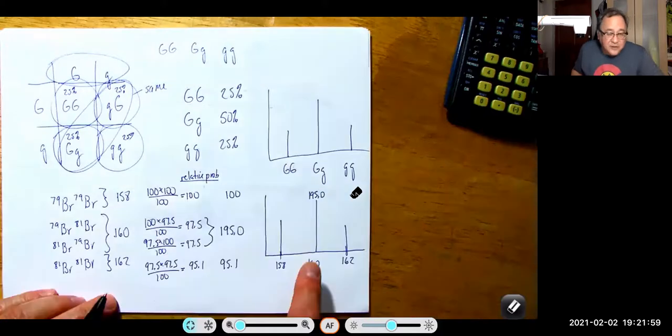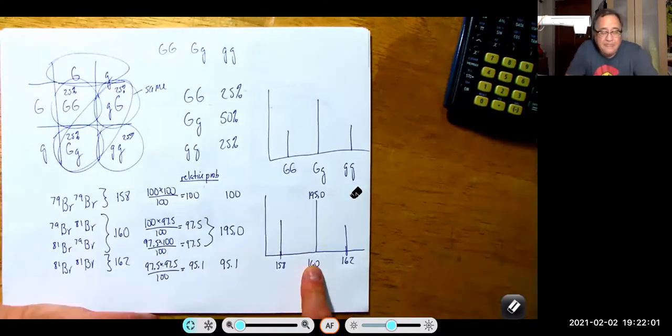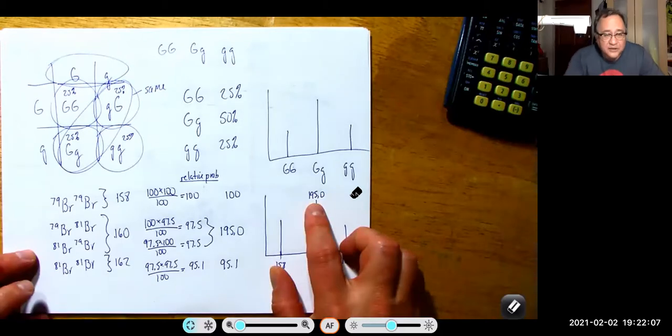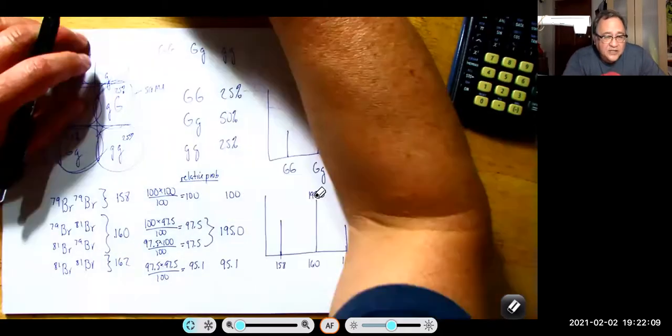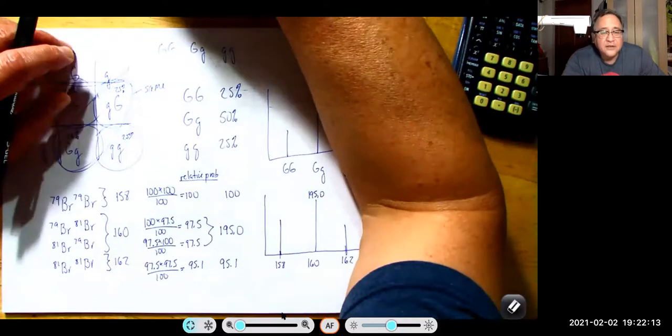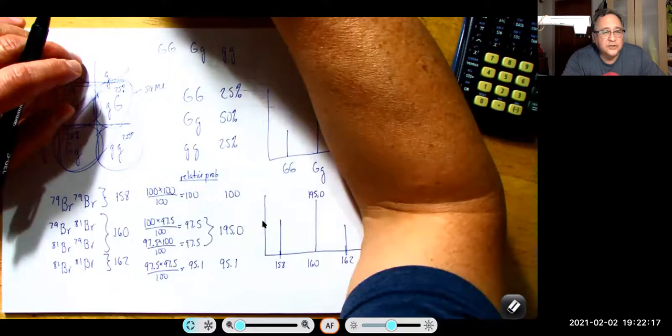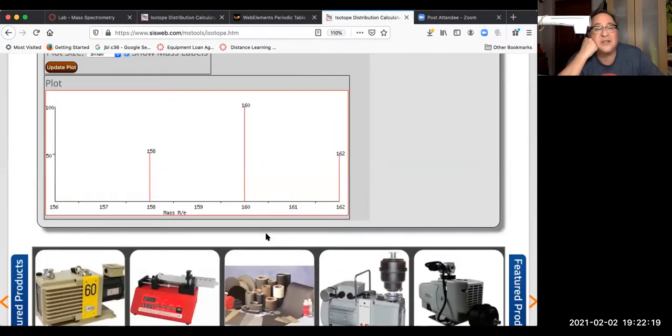Does that look like the spectrum we had? Yes. But how do we make this so this is 100? Because I'm going to go back and show you that the middle one there says 100. So let's take a look at that. Do you see that middle peak says 100?